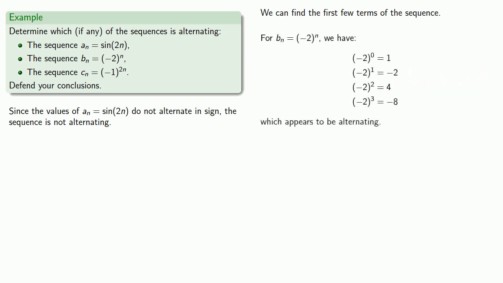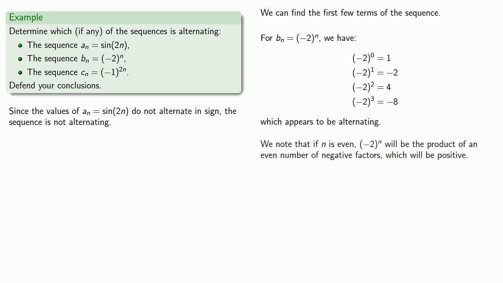And these do appear to alternate between plus and minus. But let's try and defend our conclusion here. So the thing we might notice is that if n is even, minus 2 to the power n will be the product of an even number of negative factors, which is going to be a positive number.